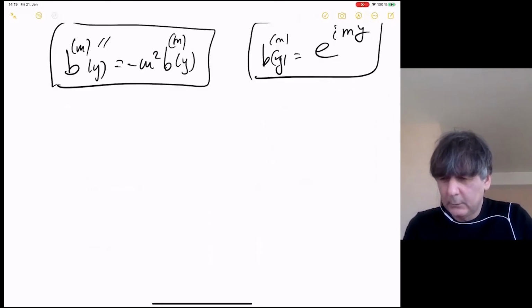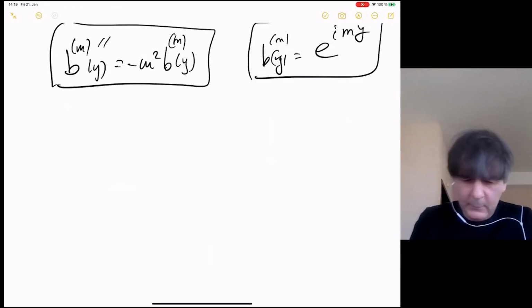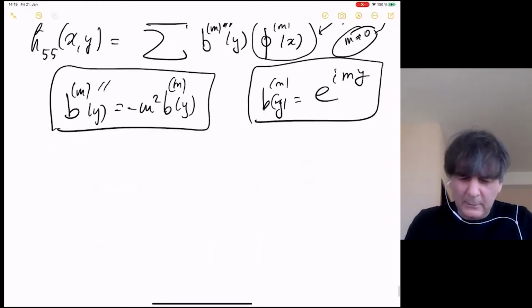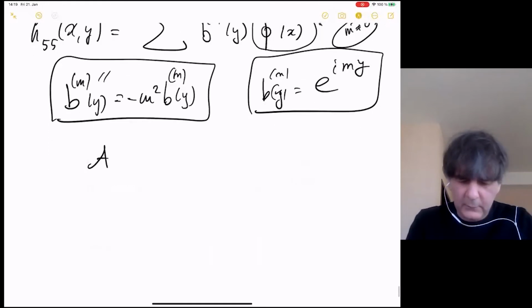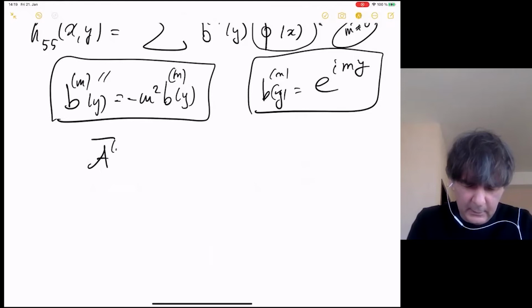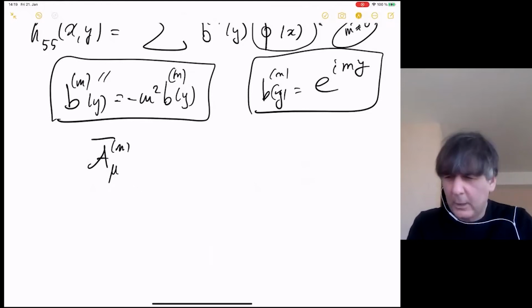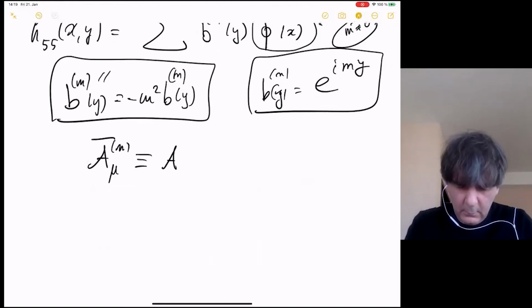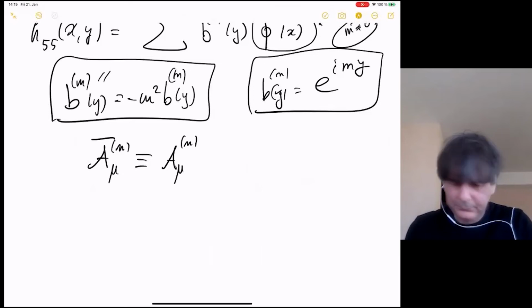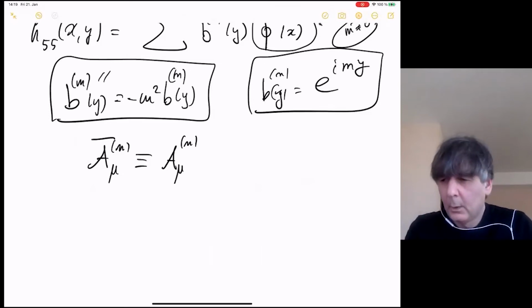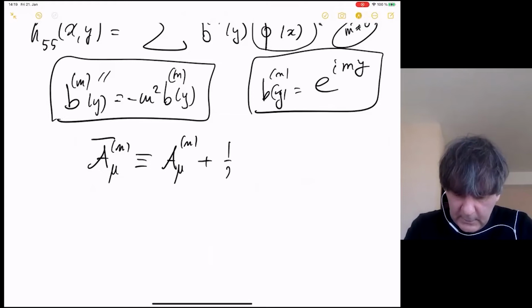So at the end of the day, we can do the following thing. Okay, there is one intermediate step for convenience. We can introduce a notation. Let me call it bar, actually. We can combine a mu m with a scalar.